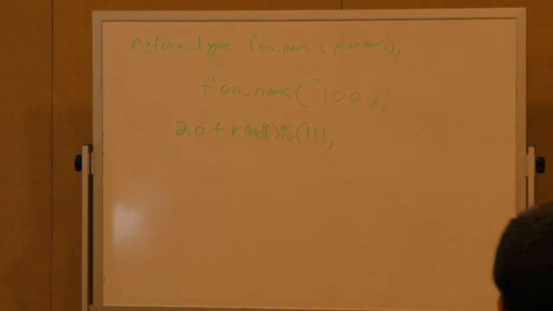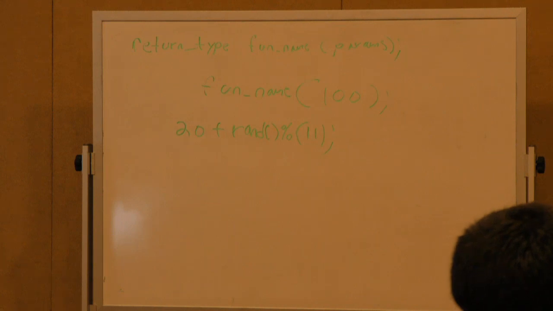So let me ask you a little bit about the math behind it. Why is it that we use the modulus in this case? It is the remainder. So here's a little fun fact about modulus. It always gives you a value in the range of 0 to 1 minus the number you're doing the modulus of.